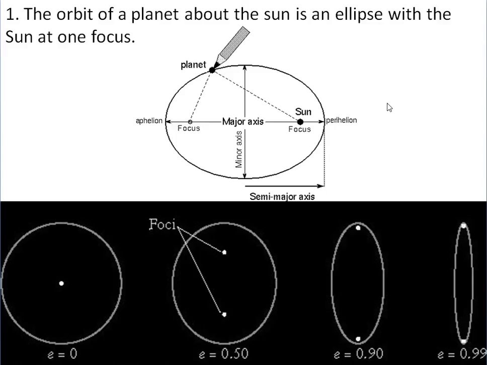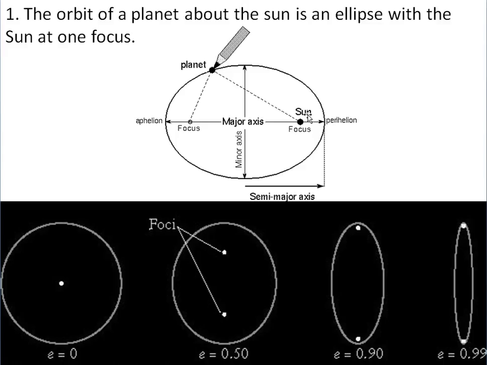And sometimes when you see problems involving Kepler's third law, what will be specified is the distance from the sun to the aphelion, which is sometimes called the aphelion distance, and similarly for the perihelion, the problem would provide the distance from the sun to the perihelion. Well, look at what you can do with that information.